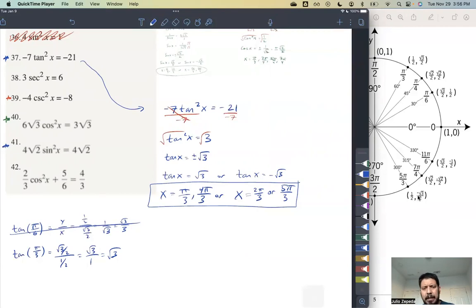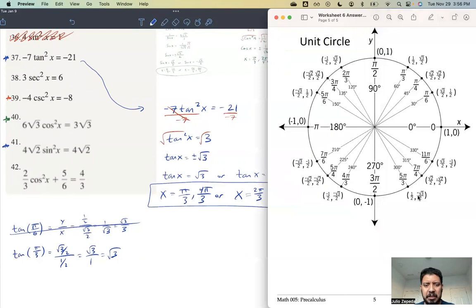And so just to quickly mention here, how are these angles related? Pi over 3, 4 pi over 3, 2 pi over 3. So pi over 3 is right here. It's 60 degrees. If you take a look at 2 pi over 3, its reference angle. We didn't talk too much about reference angles because we have the unit circle, so we didn't need to talk about them as much.